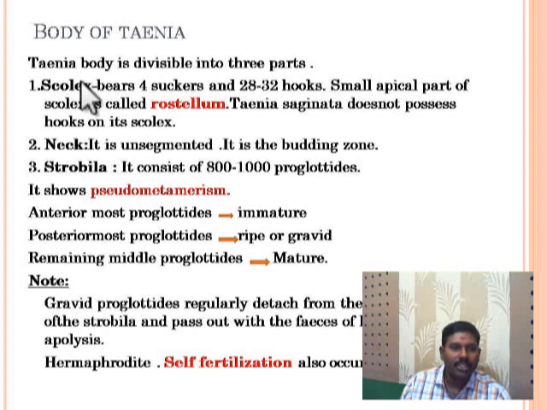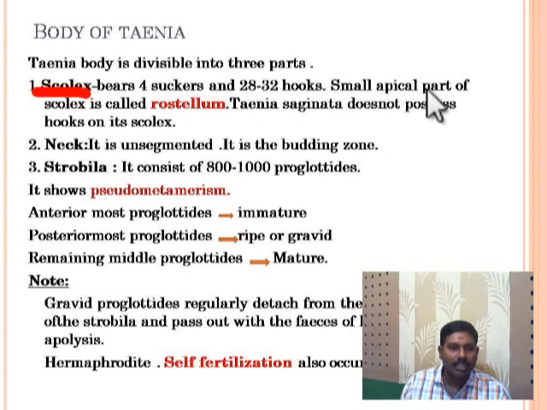Here this Taenia is divisible into three parts. Like head, here scolex is there. This scolex bears 4 suckers. Suckers help to imbibe the food materials from the host, whereas hooks help to cling to the host, which helps them to take the food from the host. So there are 28 to 32 hooks and 4 suckers.